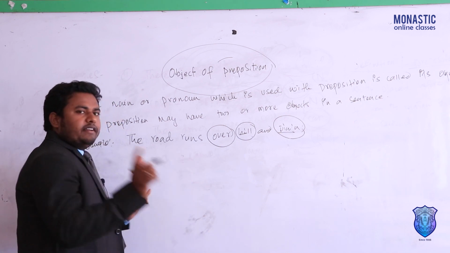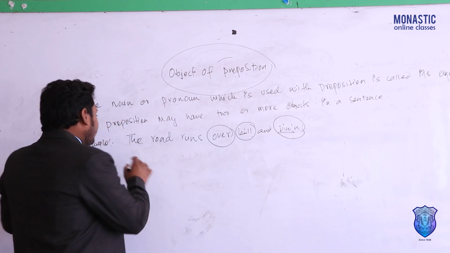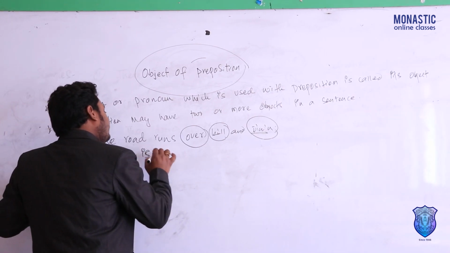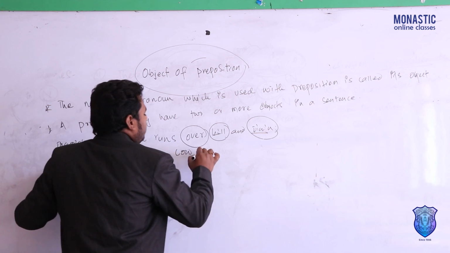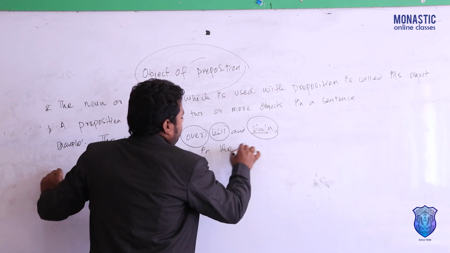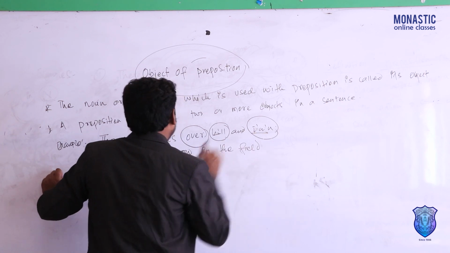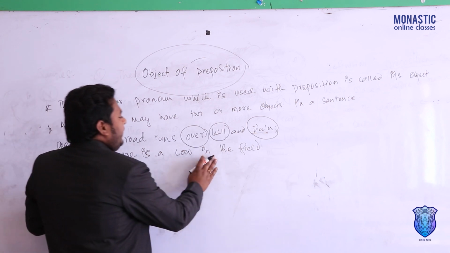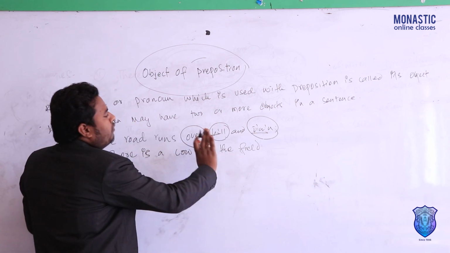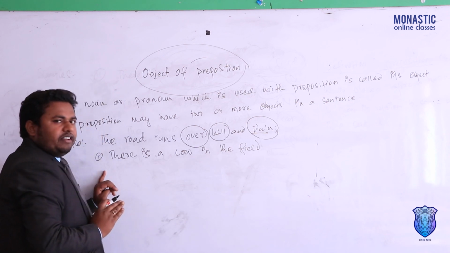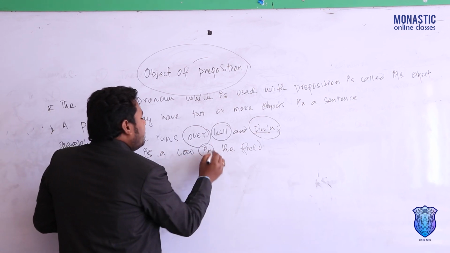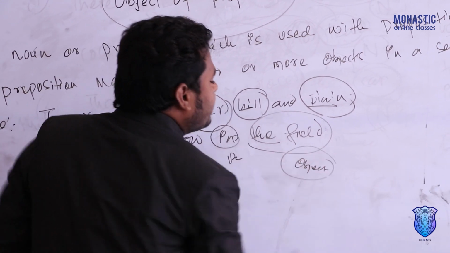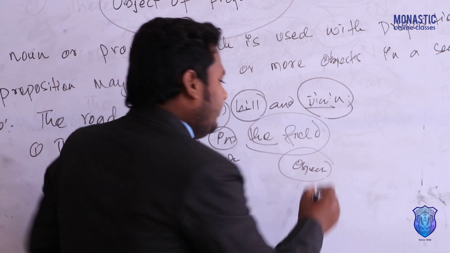We can also see the example which we took first, there is a cow in the field. Here in is our preposition and the field is our object.